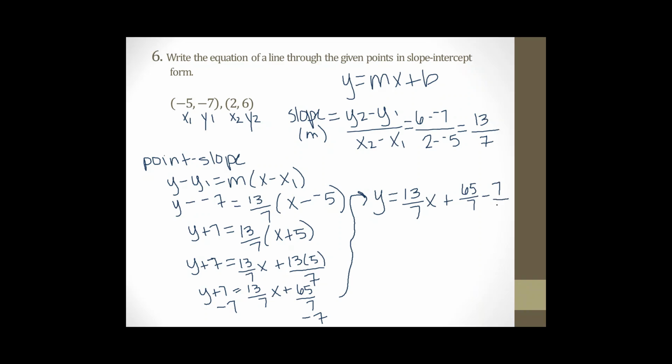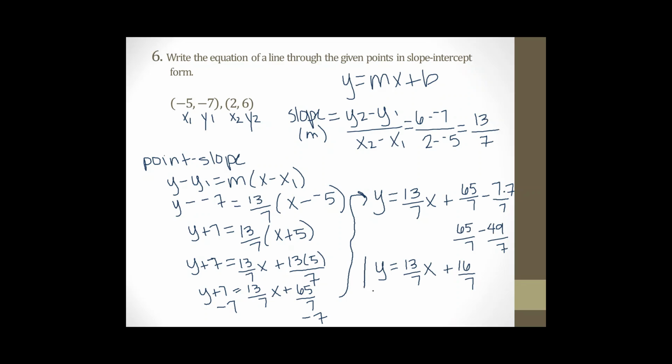So if we multiply the top and bottom here by 7, that'll give us 65 over 7 minus 49 over 7. And so that's going to give us 16 over 7. Let me bring down the rest of my equation. Y equals 13 over 7x plus 16 over 7.